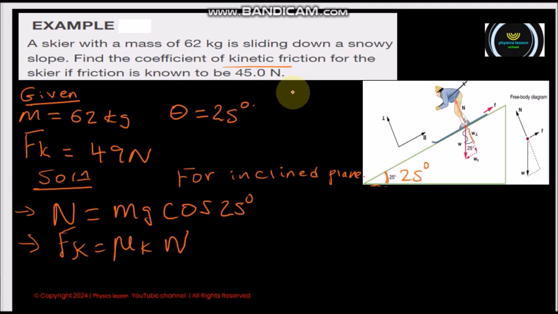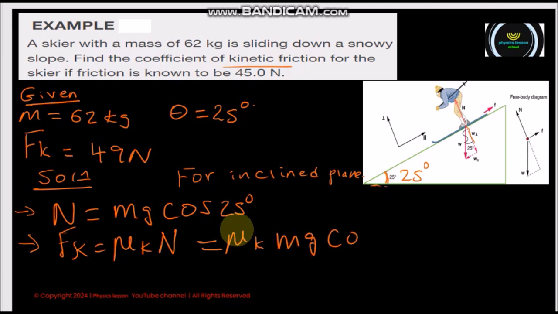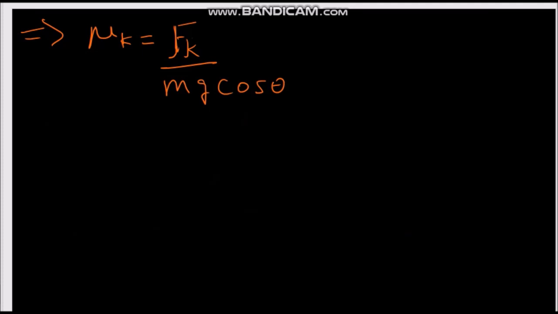By rearranging the equations, the coefficient of kinetic friction μk is equal to the kinetic friction divided by normal force, equals kinetic friction divided by mg cos 25 degrees.